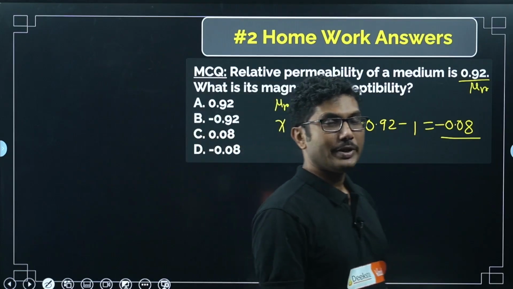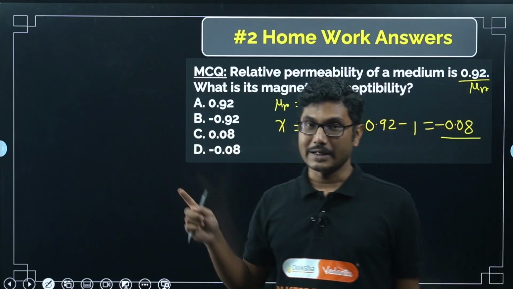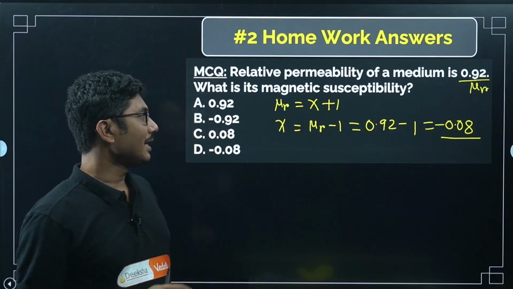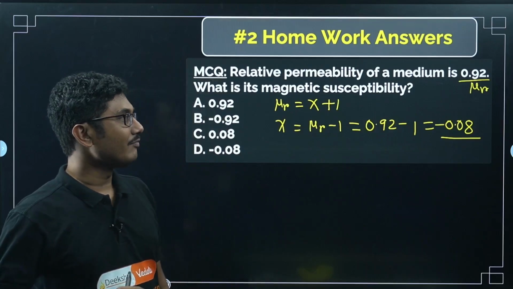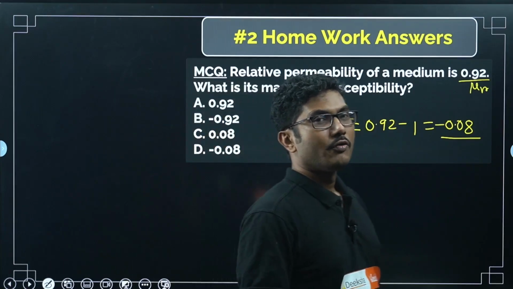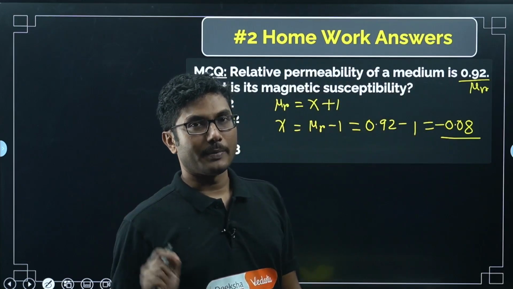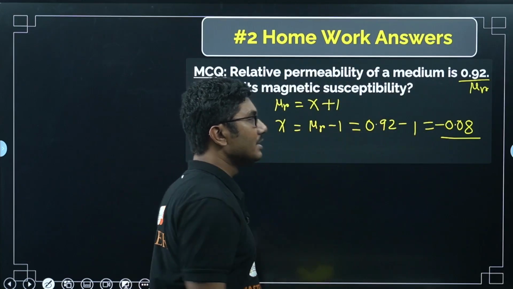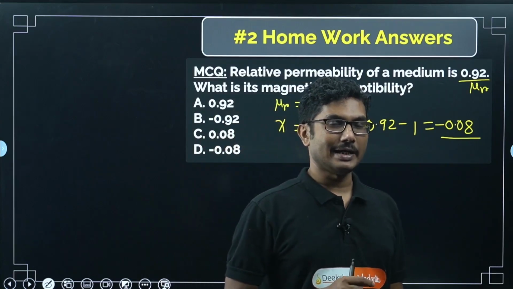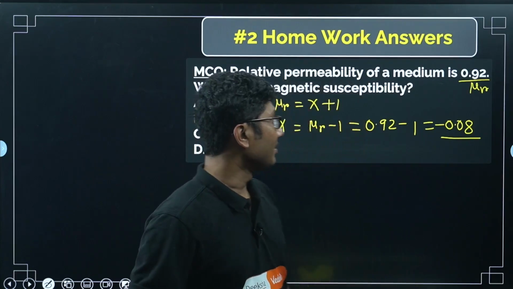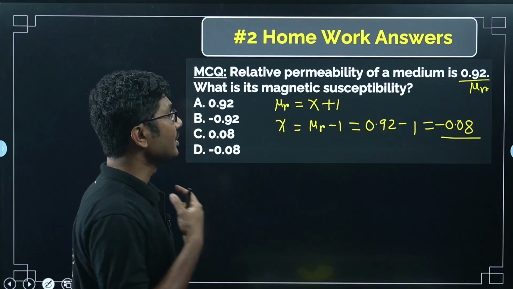That means it has to be a diamagnetic material, because we know that chi is slightly negative for diamagnetic, slightly positive for paramagnetic, and a very high value for ferromagnetic. The value here is small but slightly negative, so we can say this is a diamagnetic material. So this is an alternative version of this question.